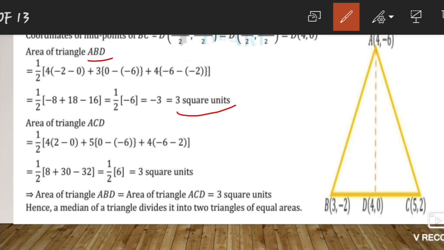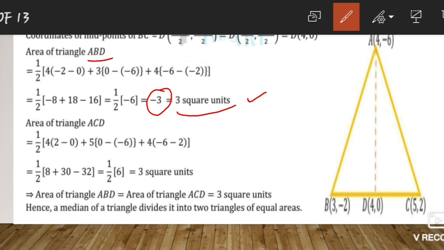As you can see here, the value first becomes minus 3, but since area cannot be negative, I am considering only the numerical value, that is 3. So the area of ABD is 3 square units.